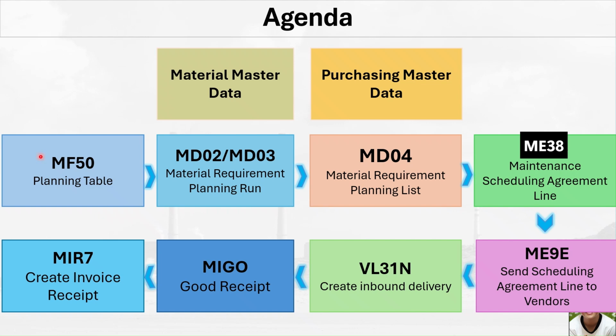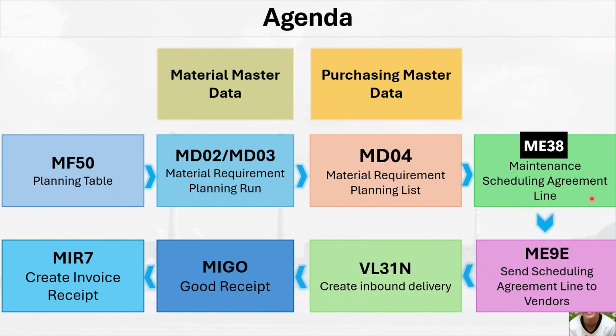Make a planning table with MF50. Then run MRP with MD02 or MD03. Check the MRP requirement with MD04. After MRP run automatically generates the scheduling agreement line, you can use MD03 to maintain it.